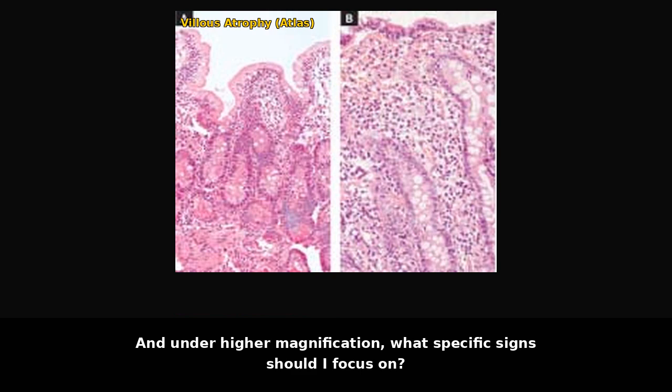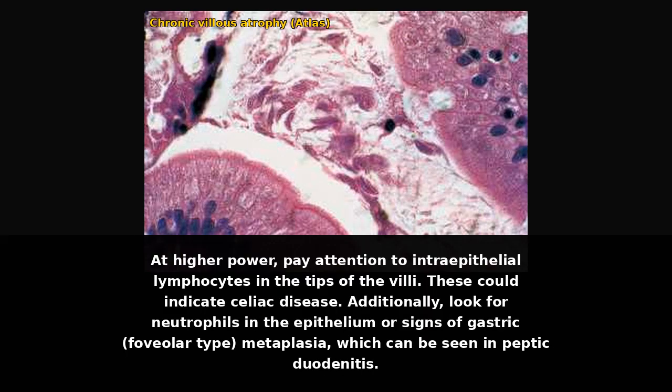And under higher magnification, what specific signs should I focus on? At higher power, pay attention to intraepithelial lymphocytes in the tips of the villi. These could indicate celiac disease. Additionally, look for neutrophils in the epithelium or signs of gastric metaplasia, which can be seen in peptic duodenitis.